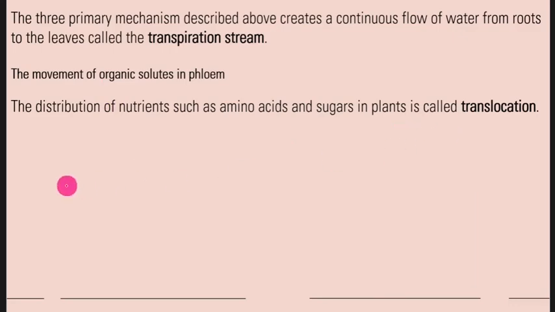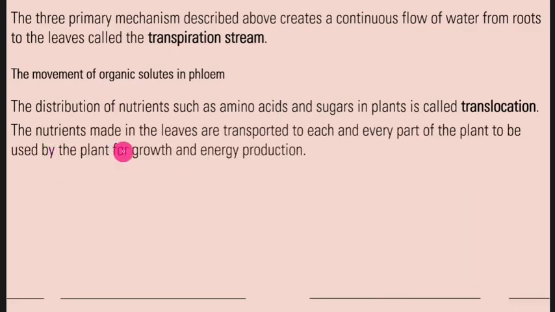And what you should know is that the nutrients made in leaves are transported to each and every part of the plant to be used by the plant for growth and energy distribution. So just as I said earlier on, any food that has been made by the leaf must be transported to each and every part of the plant for growth and energy production.